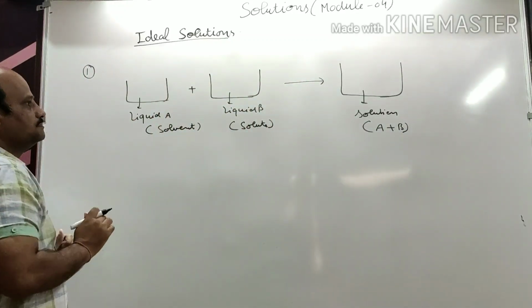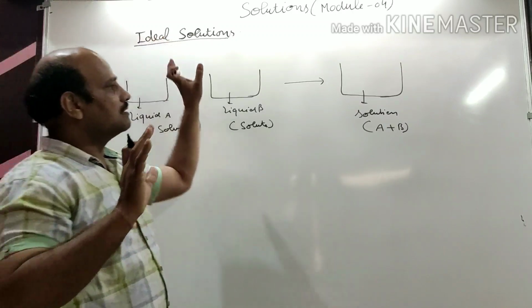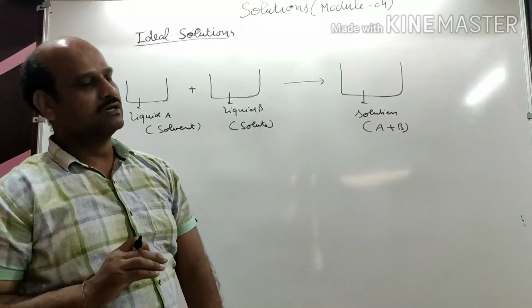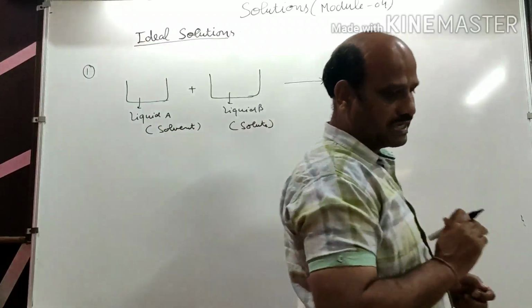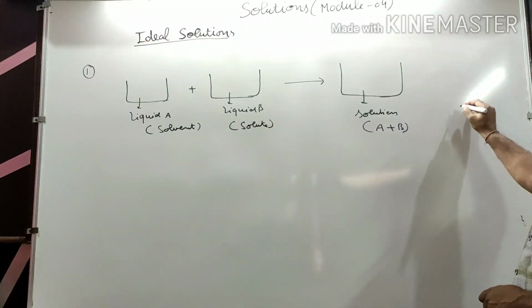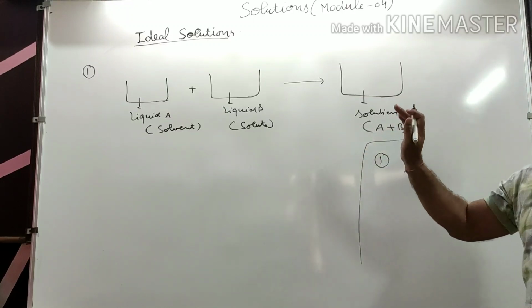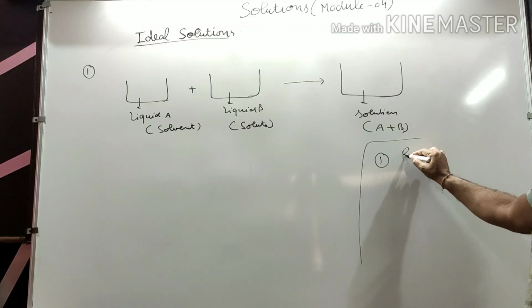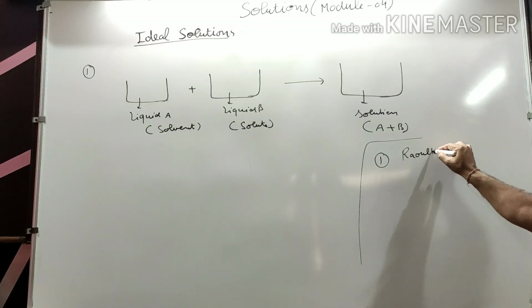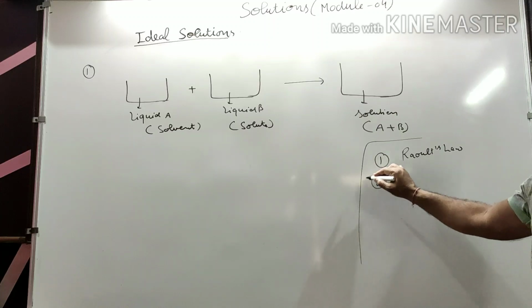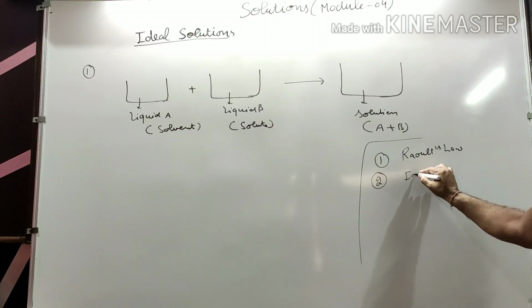Now, to check whether a solution is ideal or non-ideal, some conditions we have to check. What are these conditions? First, we have to check Raoult's law. Second, we have to check interactions.